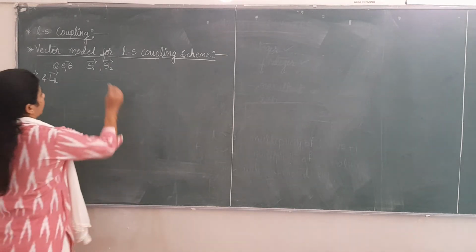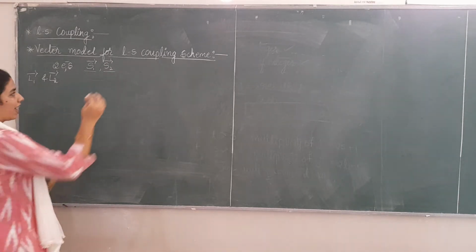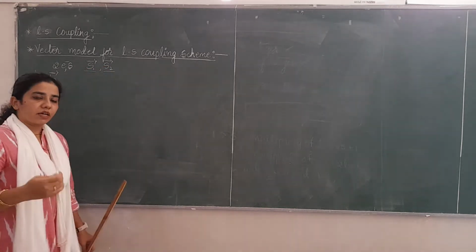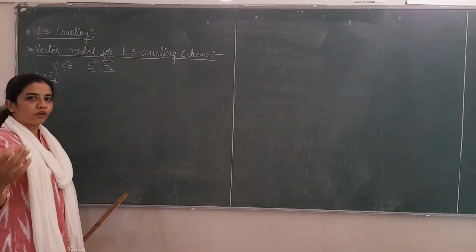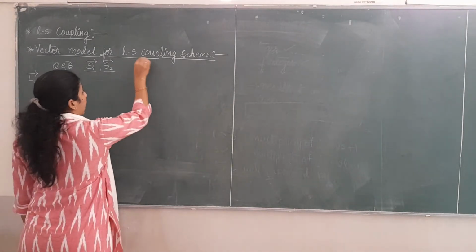First, there are two vectors, S1 and S2, and the magnitudes of S1 and S2 are the same, because it all depends on h cross into the square root of S into S plus 1, and S we all know is half.